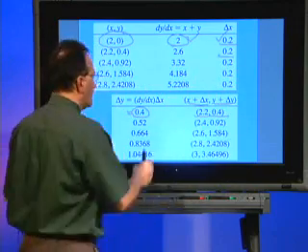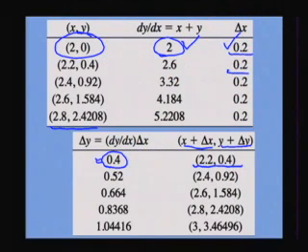We're at the point where we have our second to the last point here. We have our delta x, our increment, our new value for delta y, and here is our new point. And so, using Euler's method leads us to an approximation for f of 3.